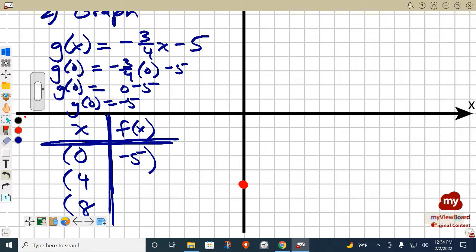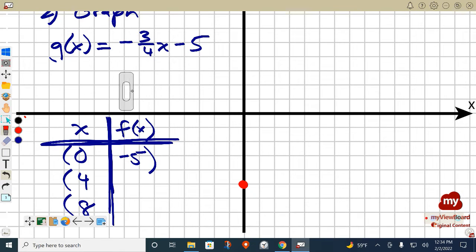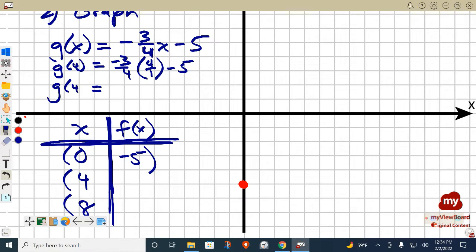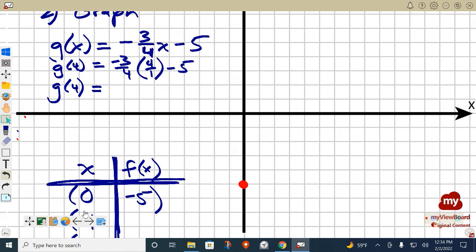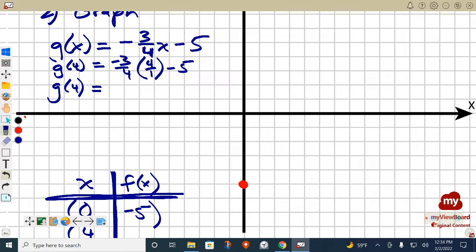Do 4 now. So watch how this is going to work. When I pick the 4, it's going to make life nice and easy. G at 4 equals negative 3/4 times 4 over 1, minus 5.